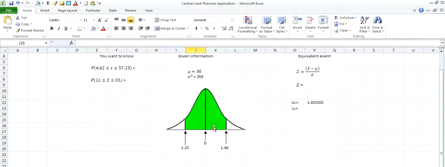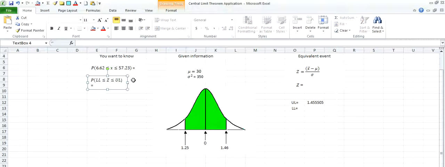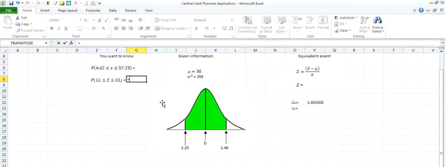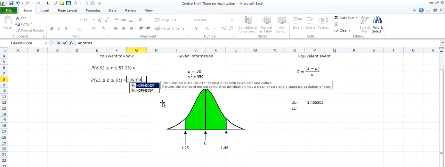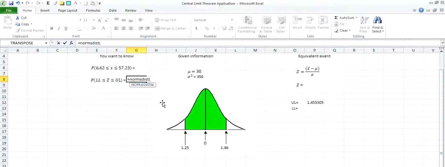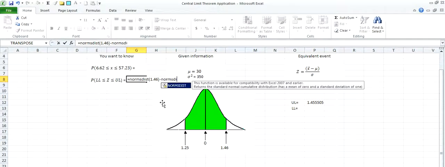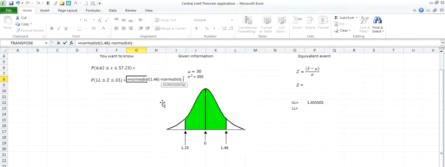So this area we are interested in, and you can compute that directly by using the norm dist formula again from Excel. And what that formula is going to look like is equal to NORMSDIST of the higher value 1.46 minus NORMSDIST of negative 1.25.